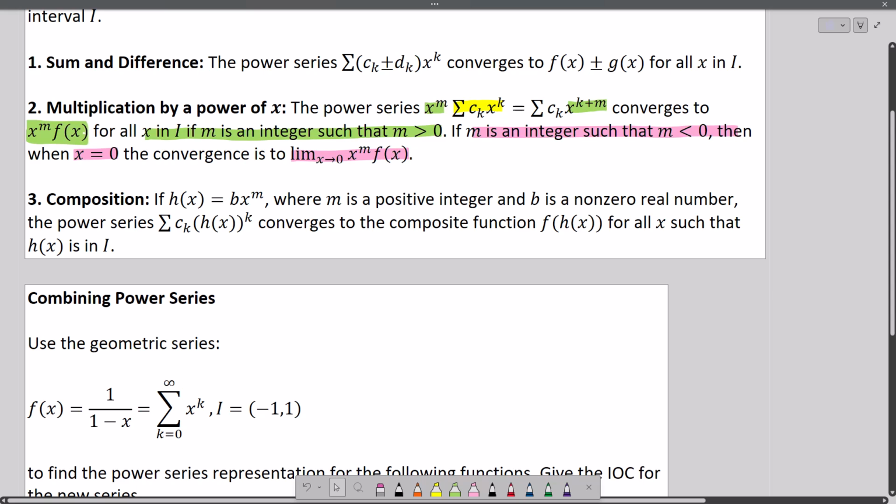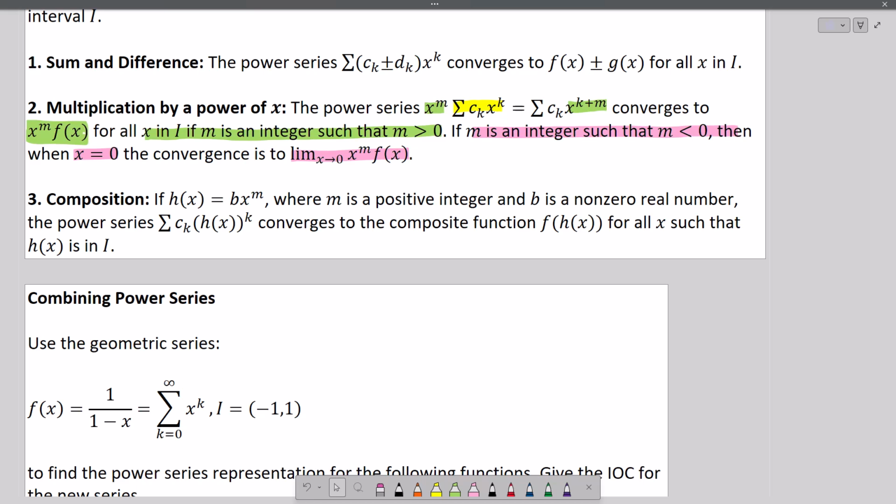the nice thing about this case up here, and the part that's going to be most important to us, is that the interval of convergence does not change. Does not change. Let's think about that for a moment. When we use the ratio test, we have a sub k plus 1 divided by a sub k. If you multiply by x to the m to create your a sub k, you're also multiplying by your x to the m when you create your a sub k plus 1.